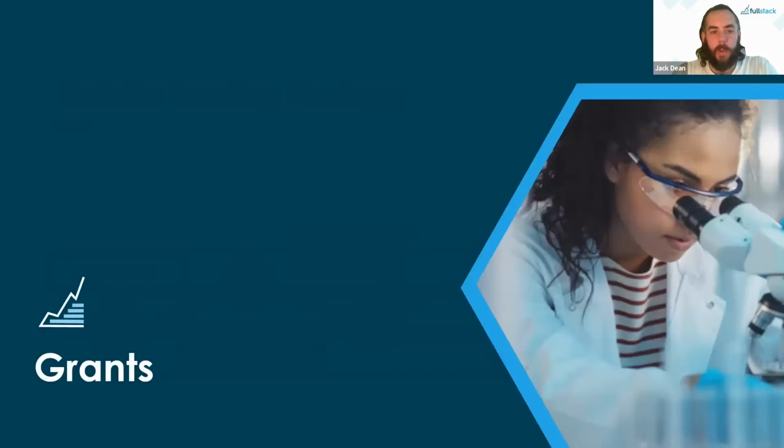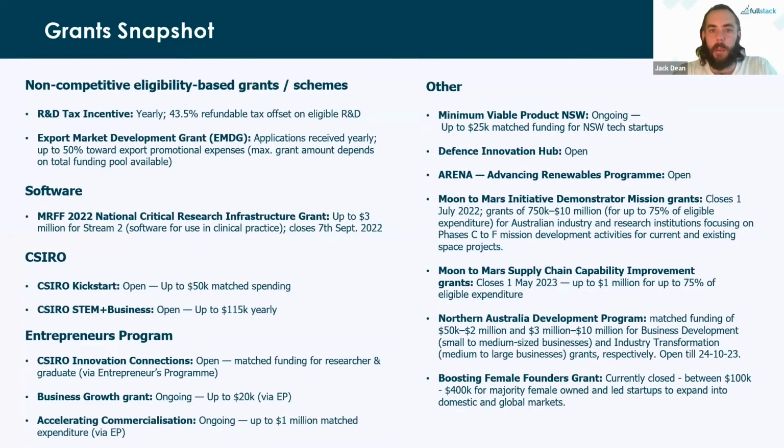So kicking off with grants, I'm just going to run through a few of the main grants. Here's a grant snapshot. There are hundreds, if not thousands, of different grant programs in Australia at a federal and state level, and even a local level. So obviously not going to go through everything today, but we've picked out some of the more broad-based ones that are broadly applicable to most companies, and in particular software startups.